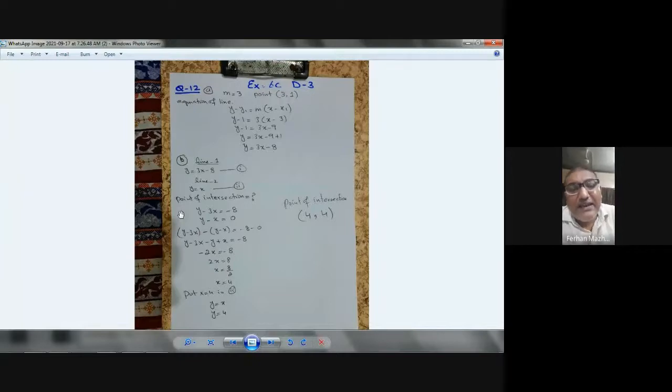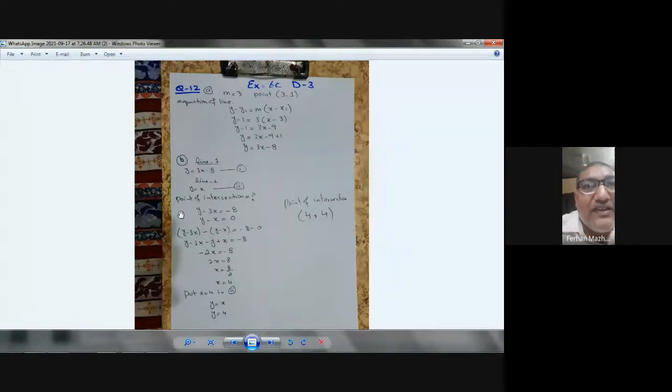You can see here, the left hand side is subtracted from the left hand side, and the right hand side from the right hand side. I am using the horizontal method of subtraction. So I wrote y minus 3x minus bracket y minus x equals minus 8 minus 0.